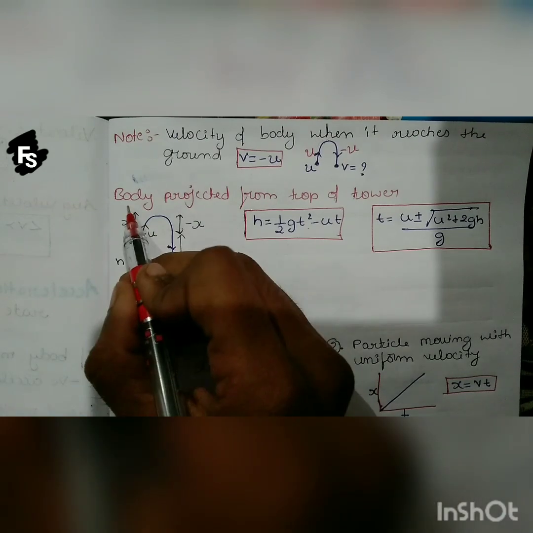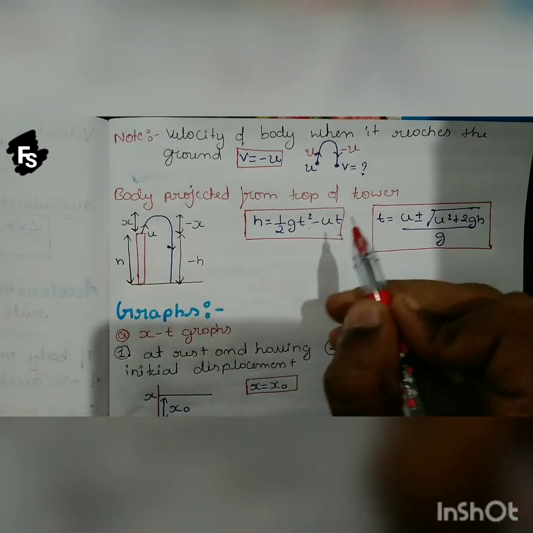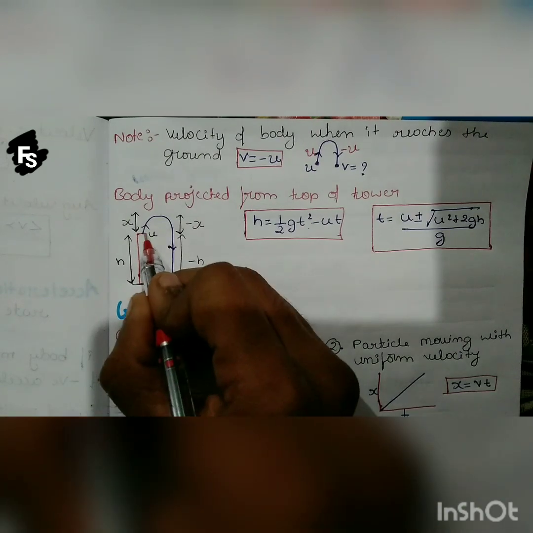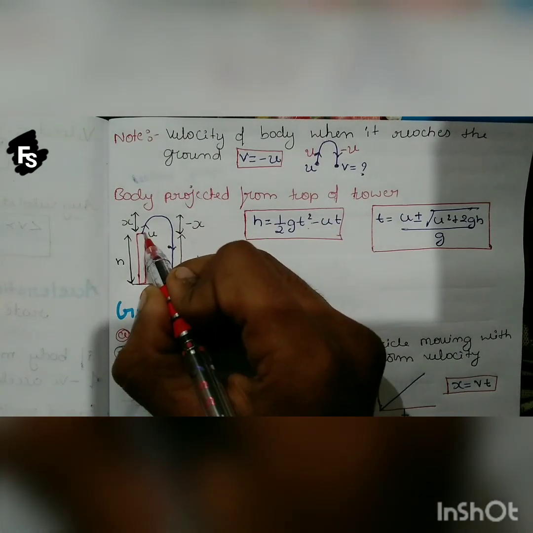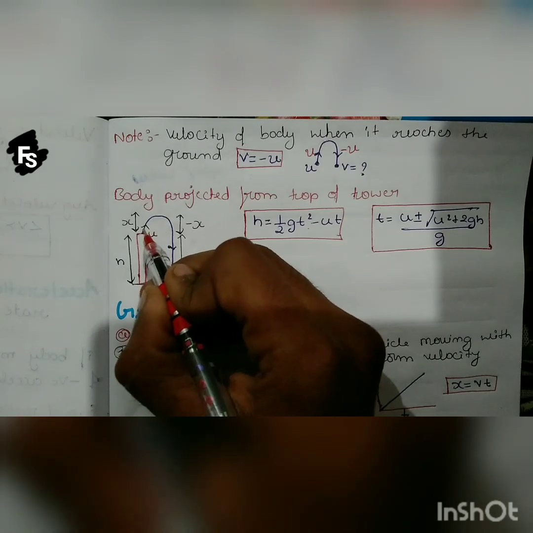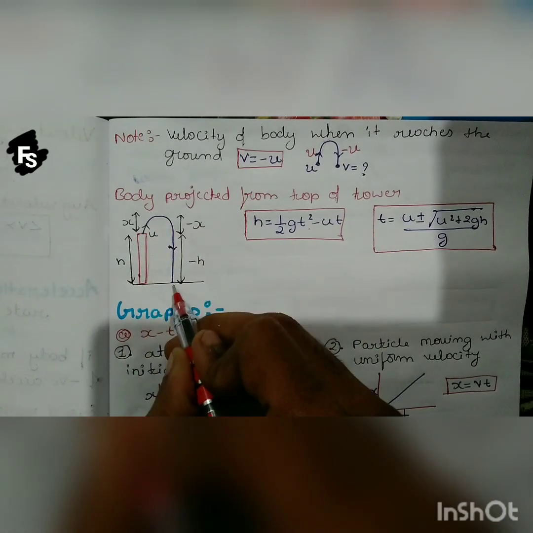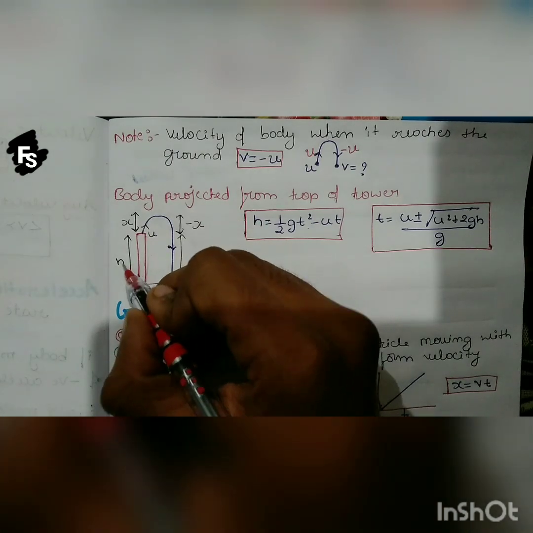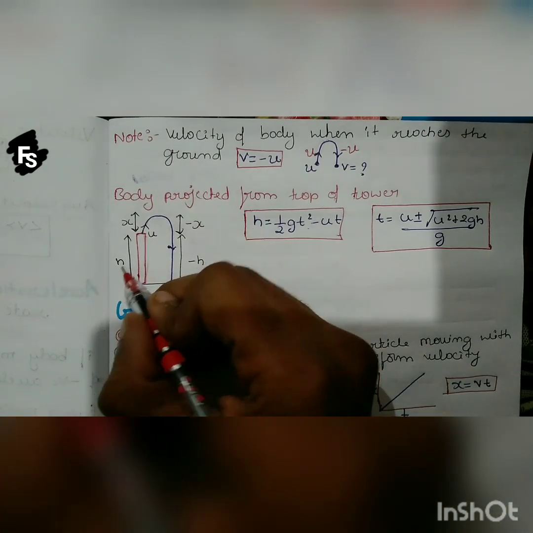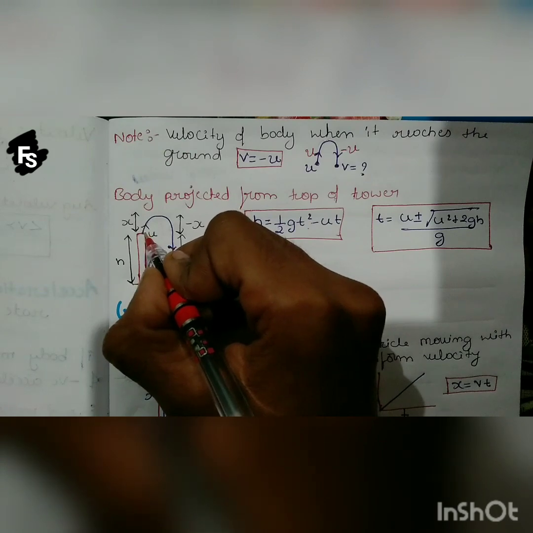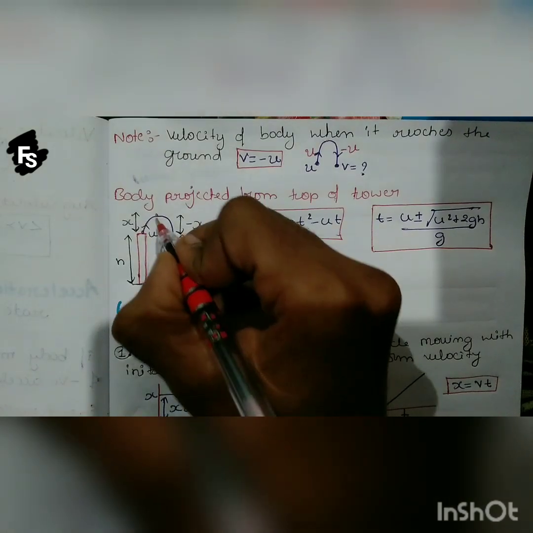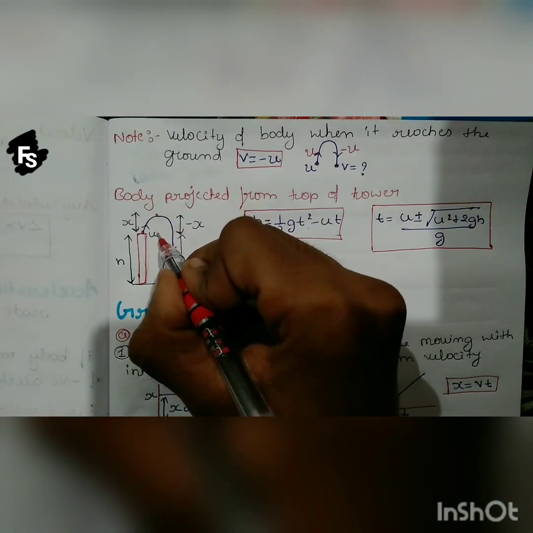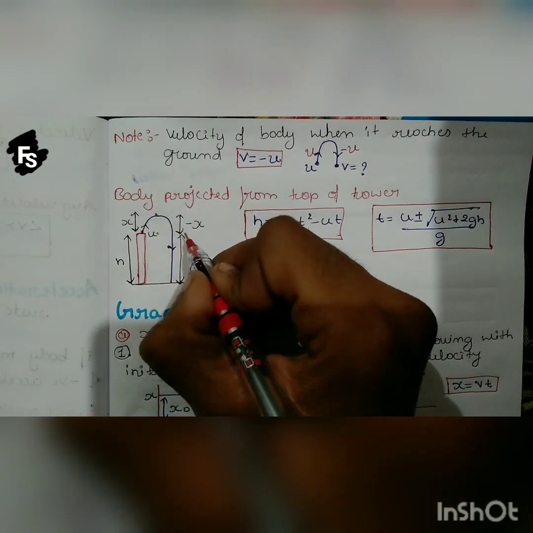Then we move on to the body projected from the top of a tower. This is the tower, and the body is projected from here. It reaches the ground here, and the height of the tower is denoted as h. The distance from here to here is known as x, and the distance from here to here is known as minus x because it is in the opposite direction.